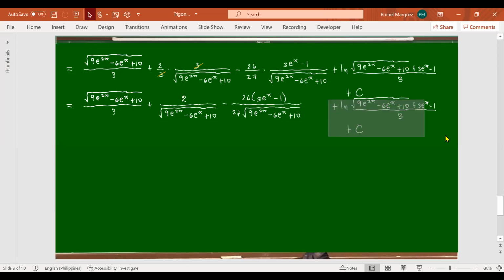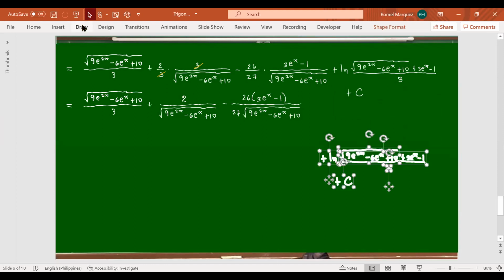And let us have plus c here. Remove this. By the way, you have ln of this numerator minus ln3. The minus ln3 can be included in the c here.